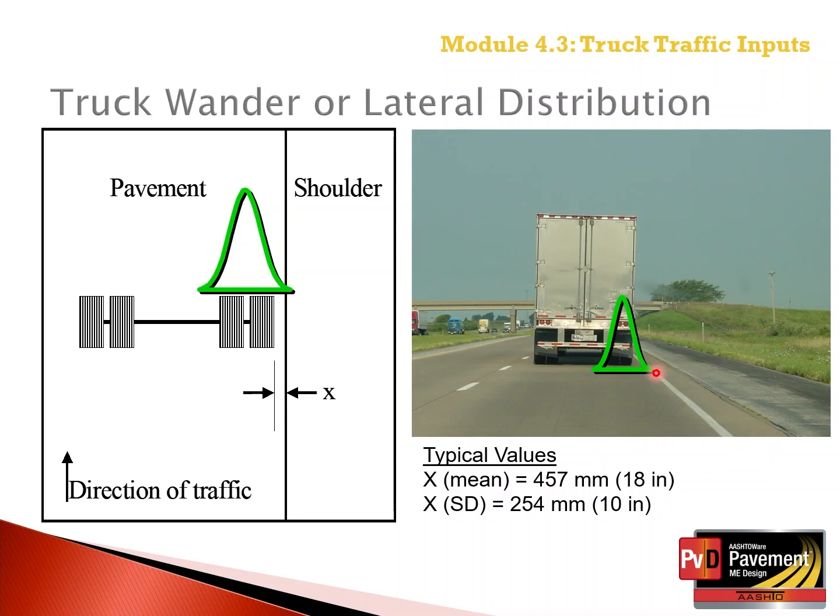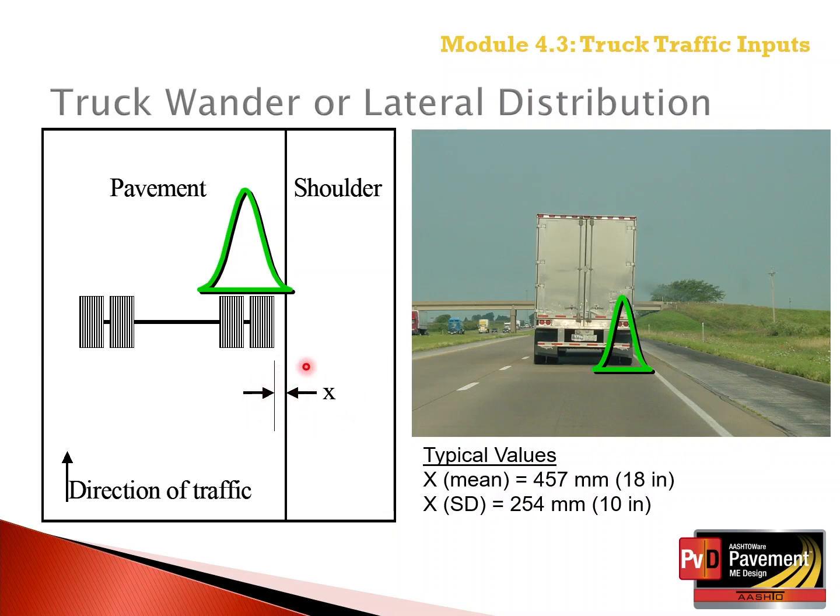The lane width is also needed for rigid pavement design. Lane width and the mean wheel location are not needed for flexible pavement design. But the standard deviation of the lateral distribution of the wheel loads or axles is important for both flexible and rigid pavement design.